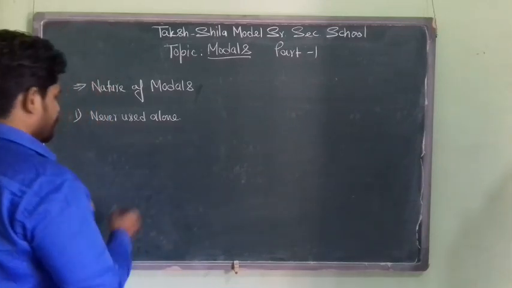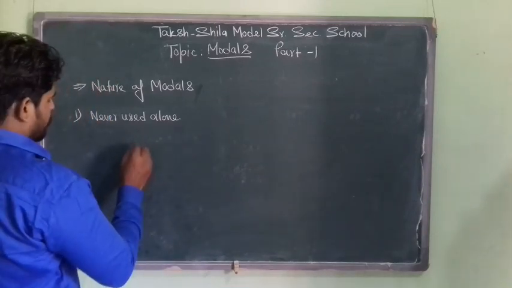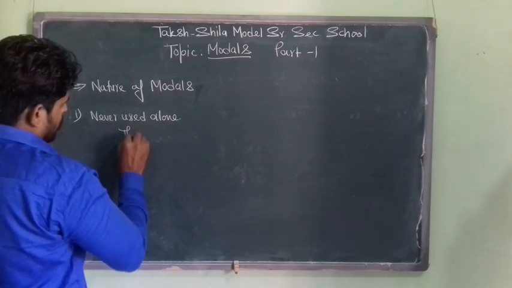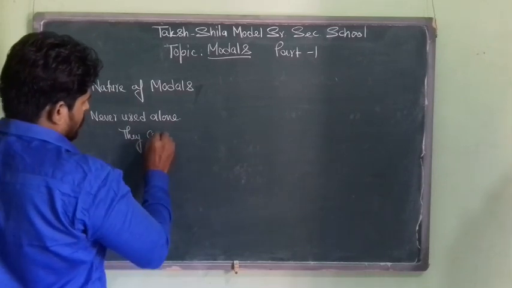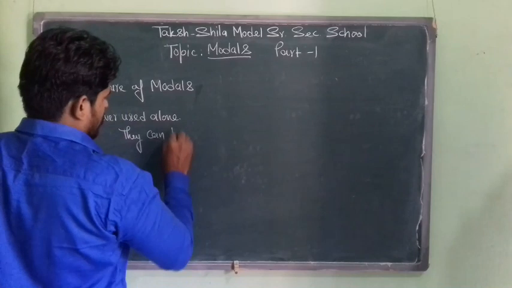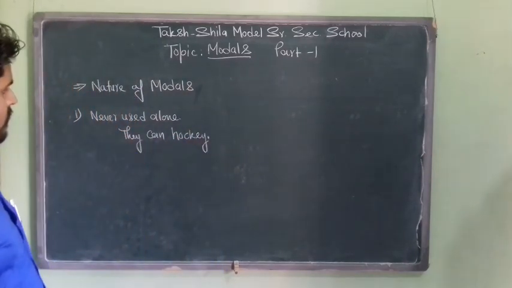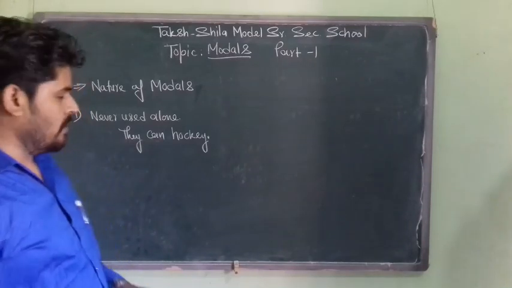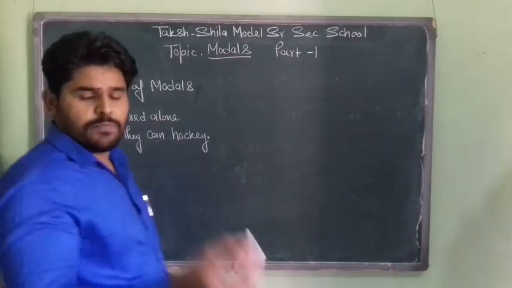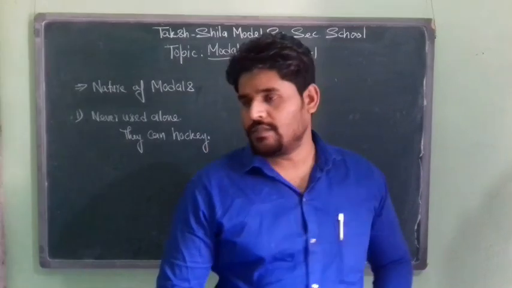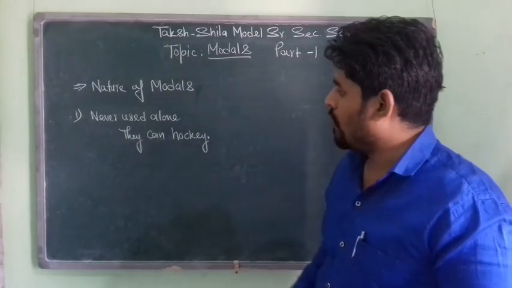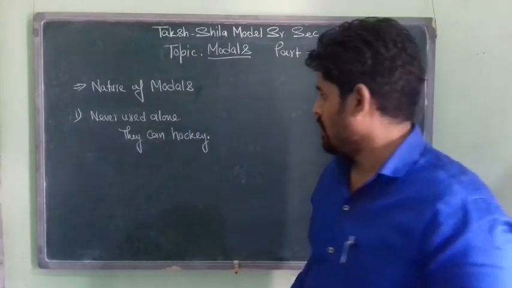For example, I have written this group of words. Do you think it makes any sense? No, it does not make any sense. Why? Because there is an omission of the main verb in this sentence.